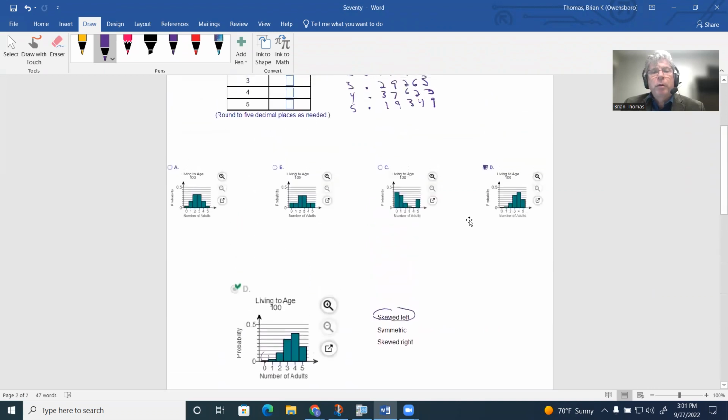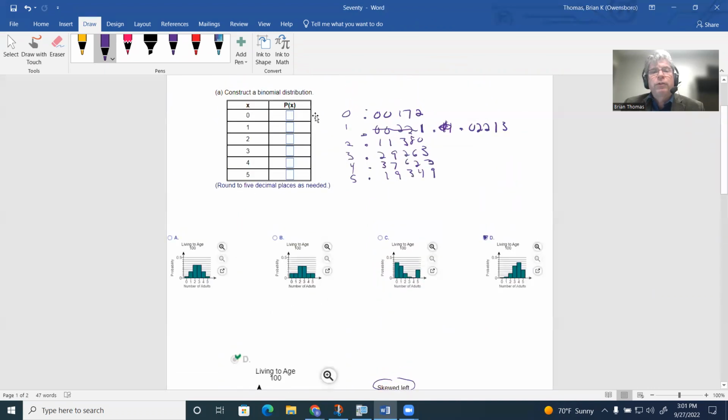So if we look back up at the probability distribution, notice that 0, that's 0.00. So that is under 0.05. And notice that 1 is also, that's 0.02, and 0.02 is also smaller than 0.05. But after that, 0.11, 0.29, 0.35, 0.19, those are all greater than 0.05.